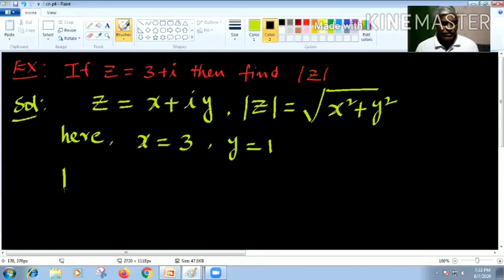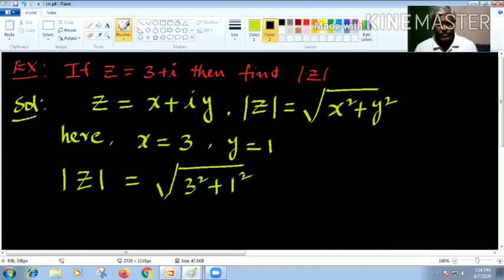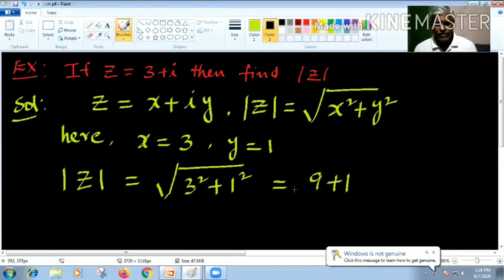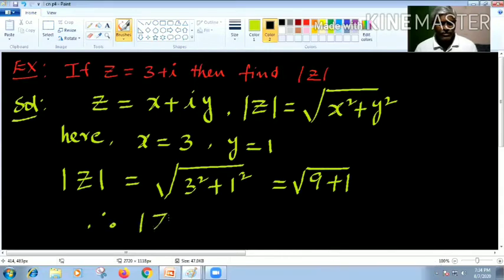Now mod z is equal to under root 3 square plus 1 square, that is equal to under root 9 plus 1. So therefore the modulus of the given complex number, mod z, will be under root 10.